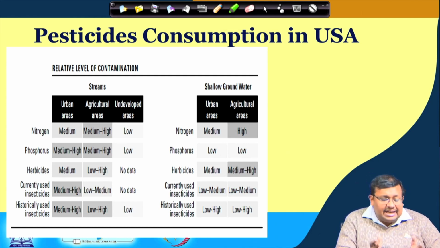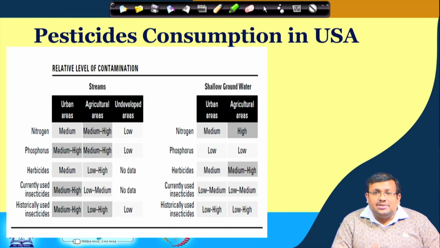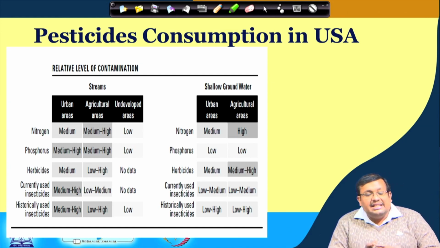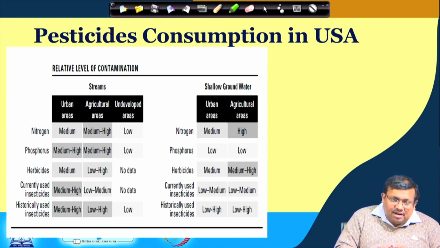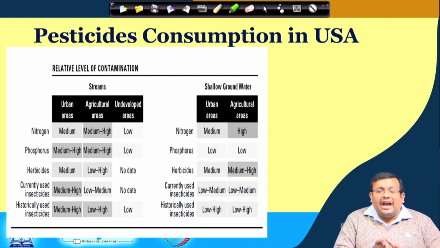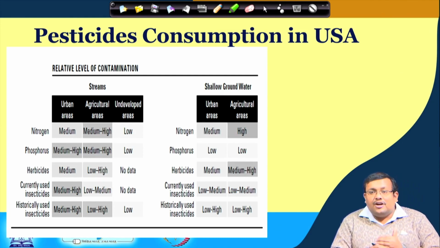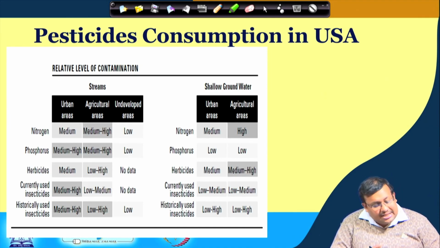So, in a nutshell, in the streams of urban areas and agricultural areas, it produces medium to high level of contamination from all of these sources, starting from nitrogen, phosphorus, then herbicides, currently used insecticides as well as historically used insecticides.